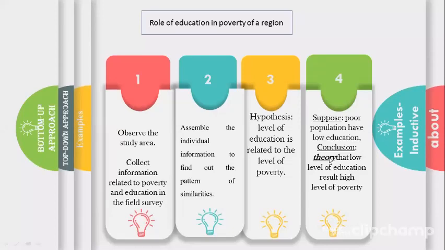In inductive, the ultimate result is a theory. What is the theory? That low level of education results in high level of poverty. Based upon all these observations, pattern finding and hypothesis, at last comes the theory.